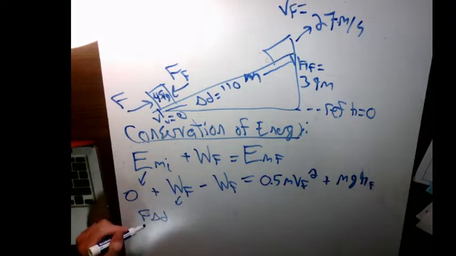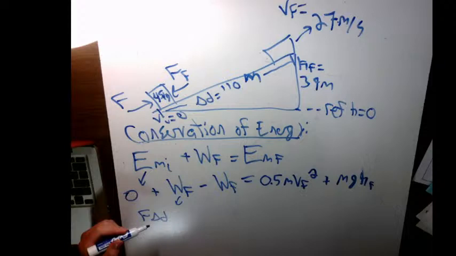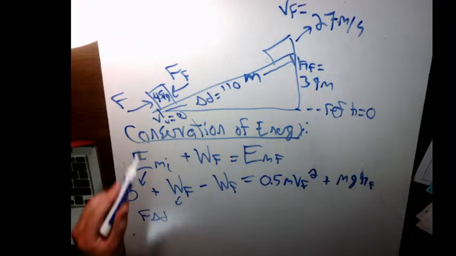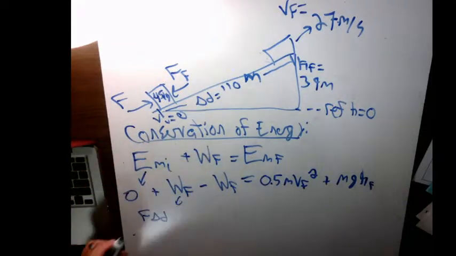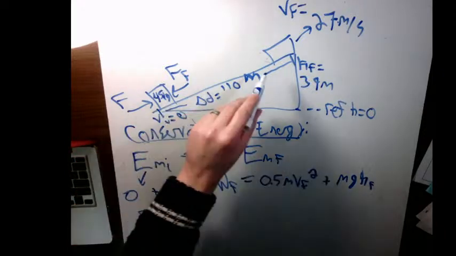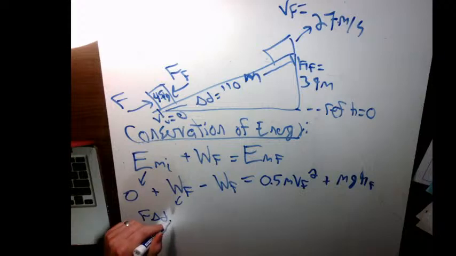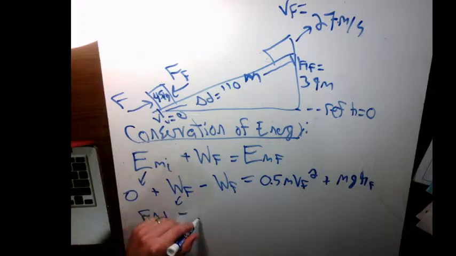So this will be our applied force we're looking for. And again, the cosine would be 0, so it's not going to impact this. We're acting parallel to the plane as the question's drawn, this force parallel to our incline. So the cosines will cancel out.